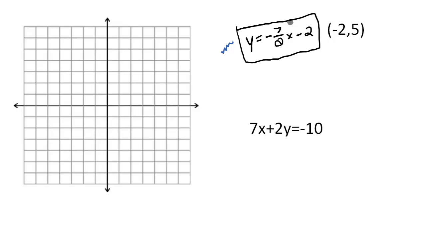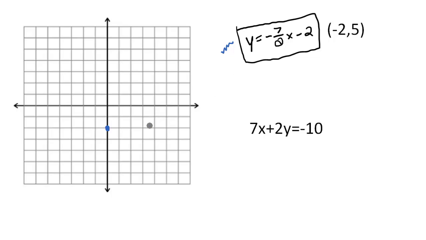Right here, everything up here will be in blue. So this was the line that we found, and it also has to go through this point. I'm going to graph this line by plotting the y-intercept first. That's going to be down here at negative 2, and then the slope is in front of the x, so that's going to be negative 7 over 2.